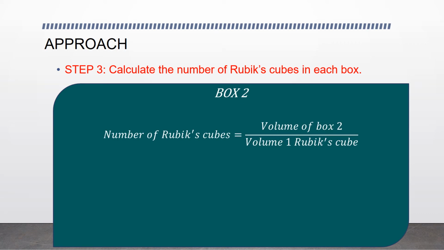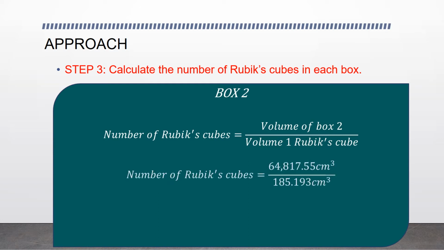It's the same approach. Number of Rubik's cubes equals volume of box 2 divided by volume of one Rubik's cube. That is 64,817.55 cubic centimeters divided by 185.193 cubic centimeters.